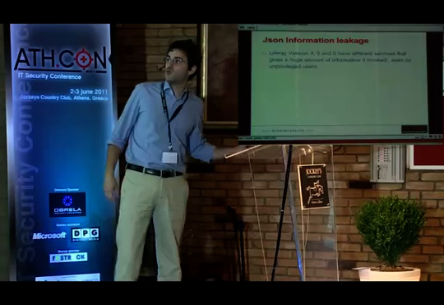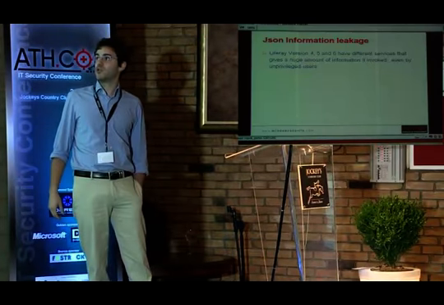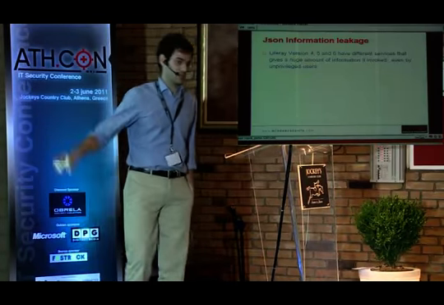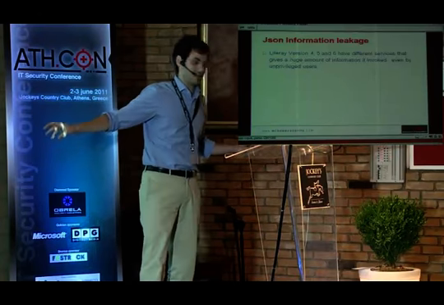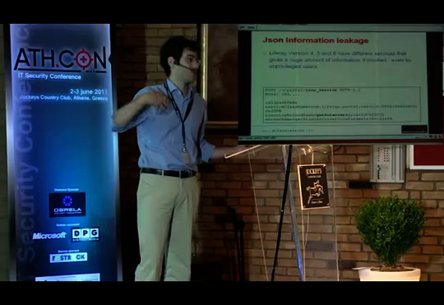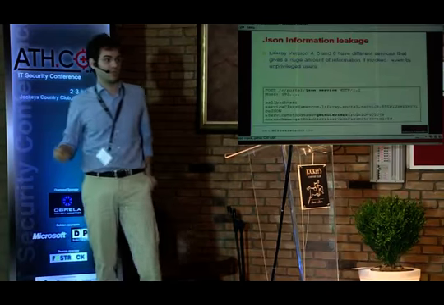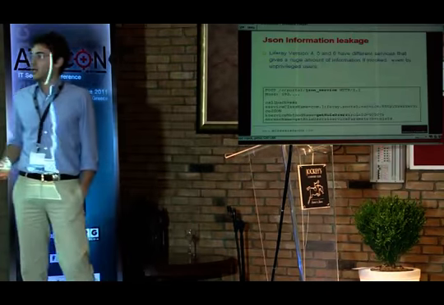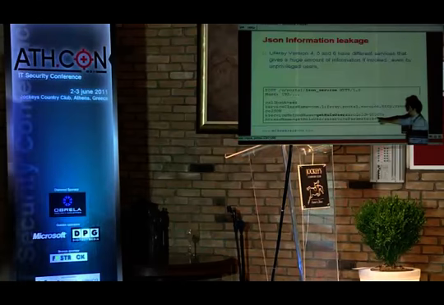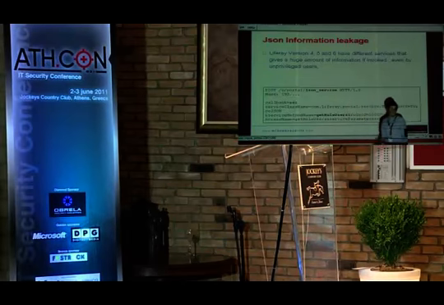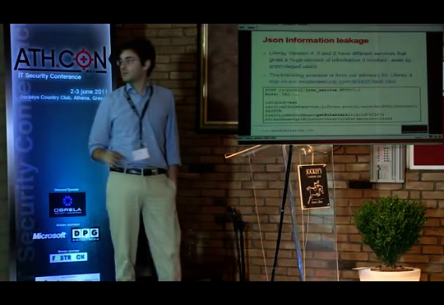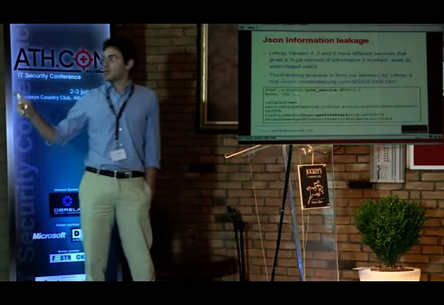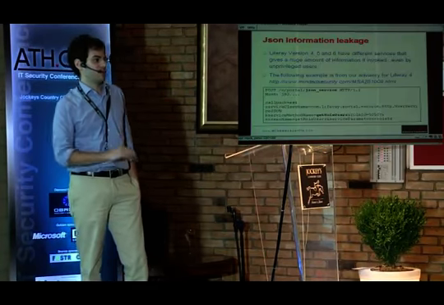JSON information leakage. We found JSON information leakage across different versions. This one I show you is an advisory we already published some months ago, about the get role users call in the JSON service. You can find this advisory here. This particular request can be triggered by any user.